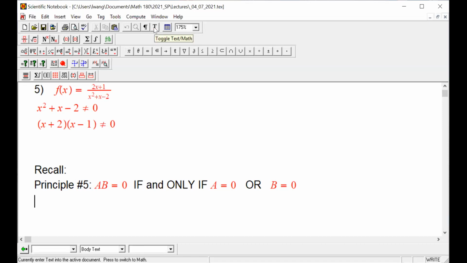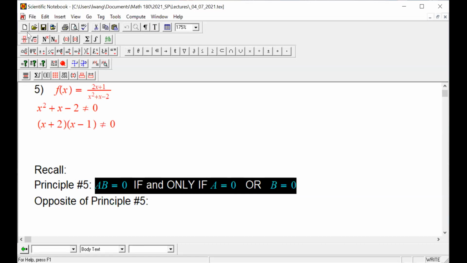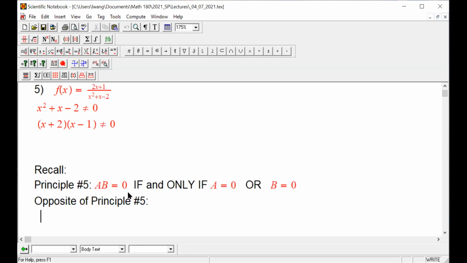And what is the opposite of principle number 5? Can you guys try that? So I'm going to show you. You may not be used to this, but this is something you're going to do very often in calculus.